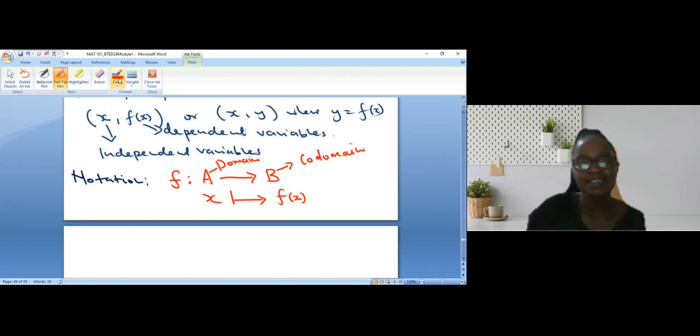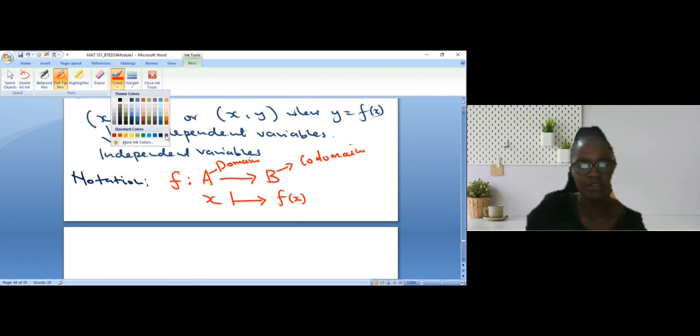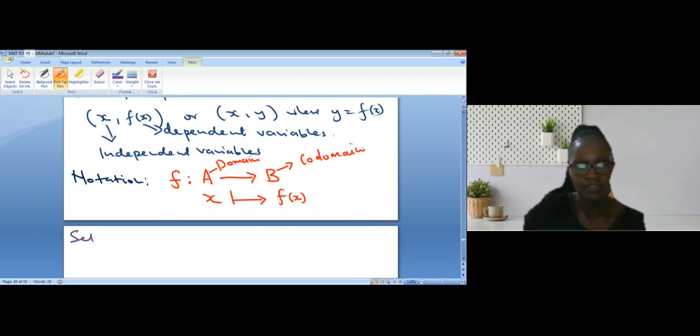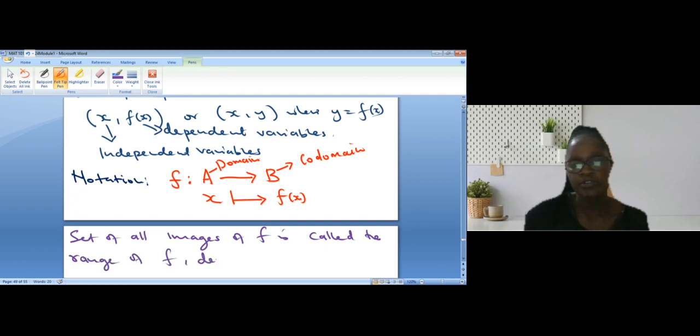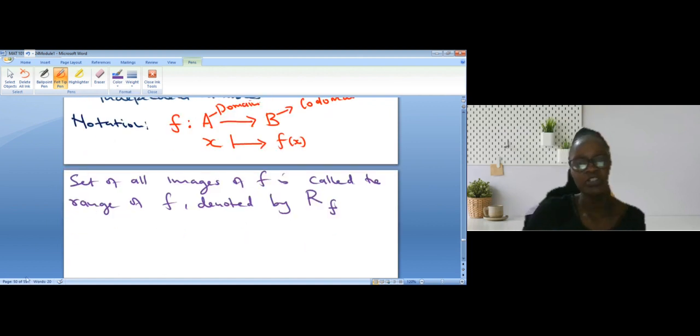So we define the set of all images of a function. The set of all images of f is called the range of f, denoted by R_f.